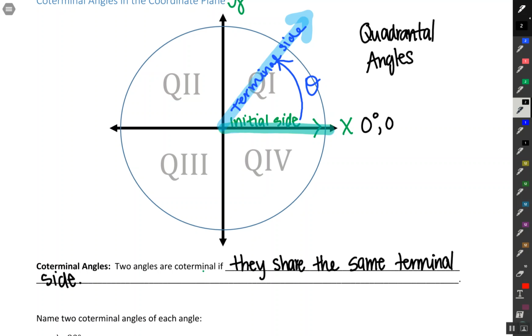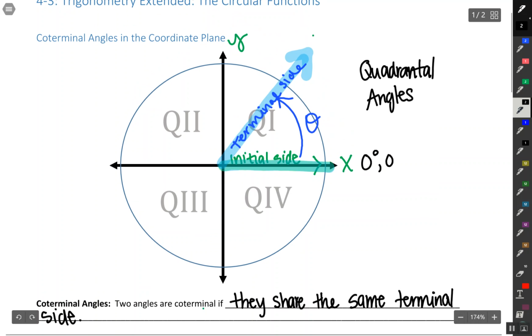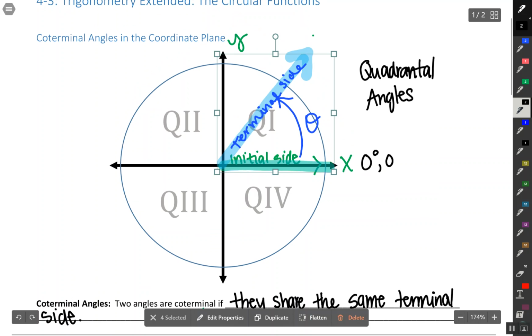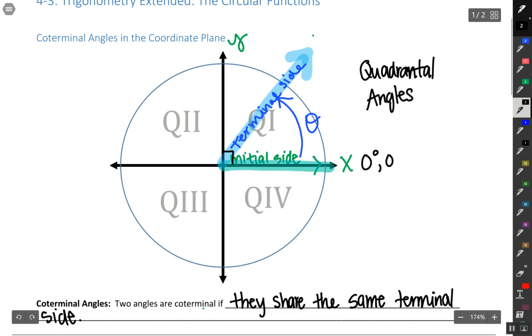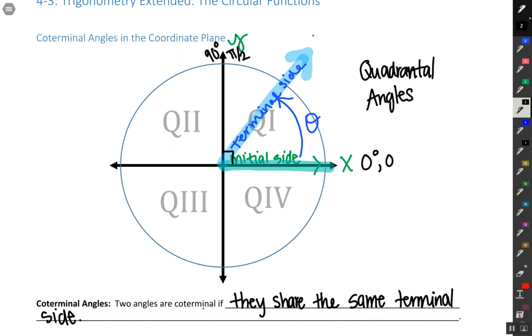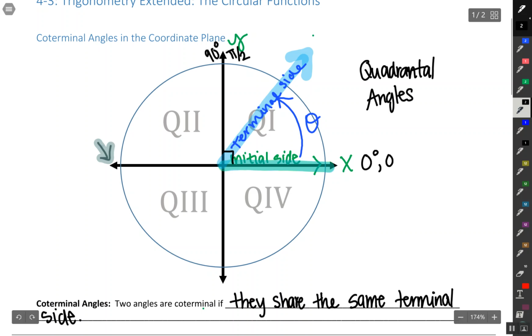If we're looking at the top here, this is a right angle, so this is 90 degrees, which in radians is pi over 2. If we go all the way to the other side over here, we're talking about 180 degrees, which is equivalent to pi radians.